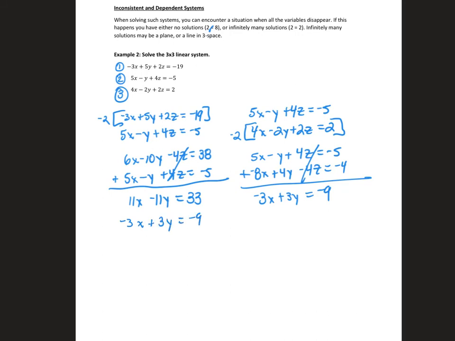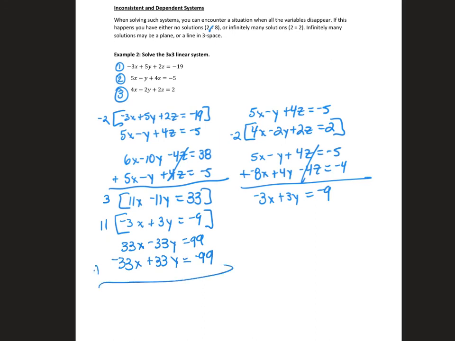And now I need to eliminate one of my variables, either x or y. So maybe I choose to eliminate the x's by multiplying the top by 3 and the bottom by positive 11. So we have 33x minus 33y equals 99, and -33x plus 33y equals -99.